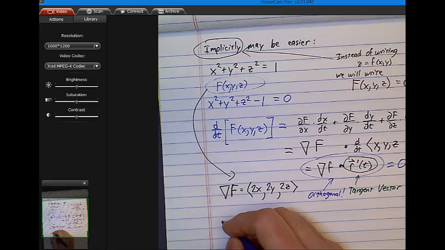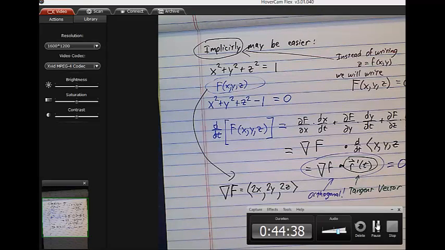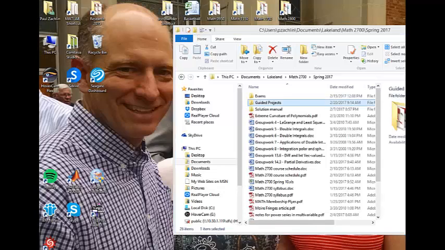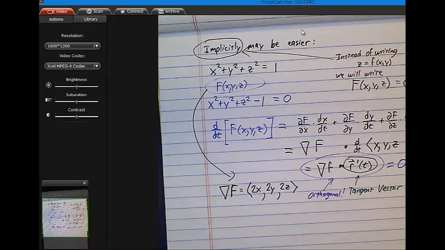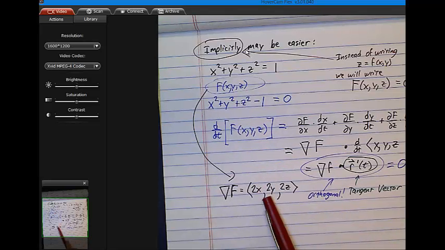So let's see. So we were, again, saying that there's another way to find the tangent plane at the North Pole, and that's implicit. Look how simple this is. We have the equation of the sphere. We take the gradient.